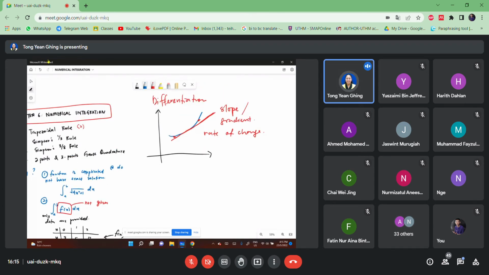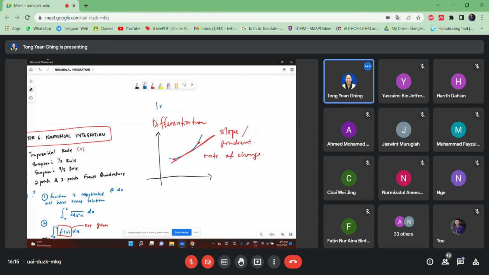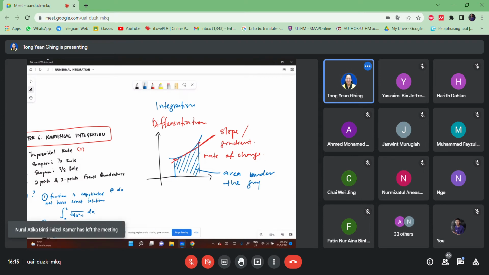Okay, but when we have the same graph, and we want to do the integrations, that means we actually want to find the area under the curve. Let's say this is A, this is B, so this is from A to B. Let's say this line is f(x), so this is f(x) dx.